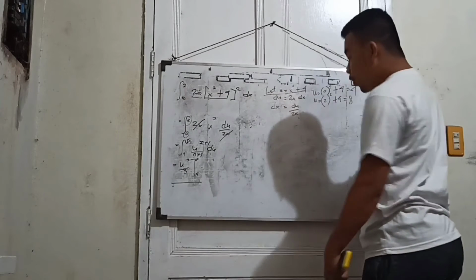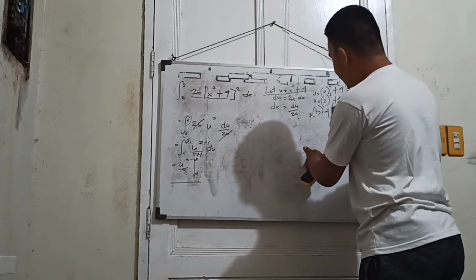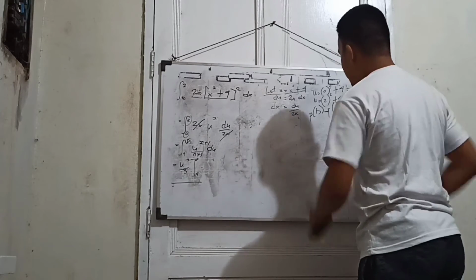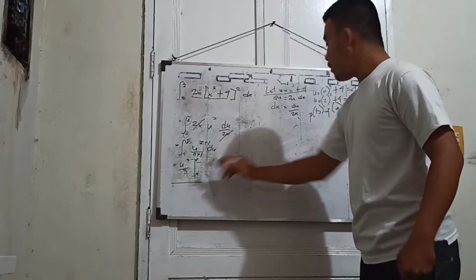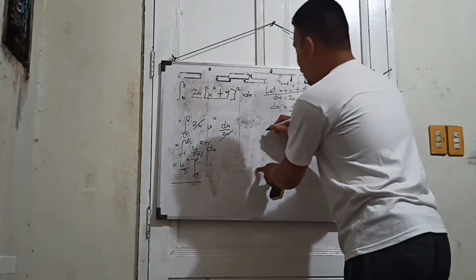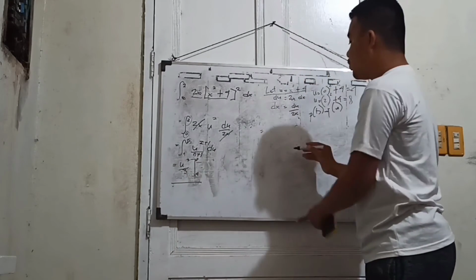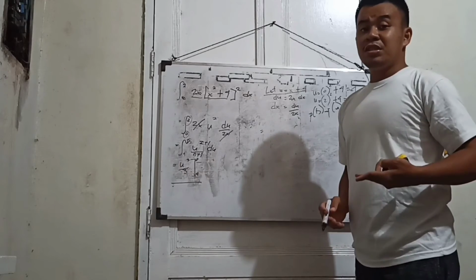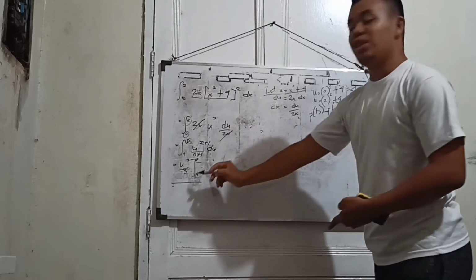So again, our formula is f of b minus f of a, wherein f of b is our upper limit and f of a is our lower limit. So, we let u, what is the value of u now? Since we changed our limits, the value of u is the new limits.